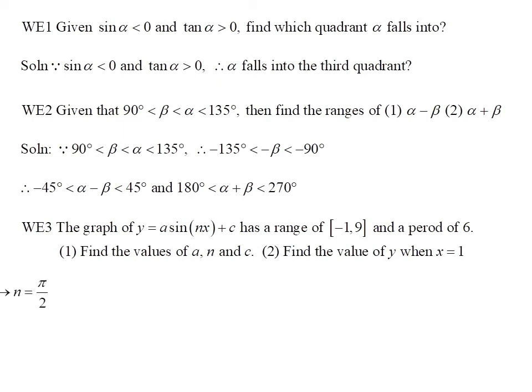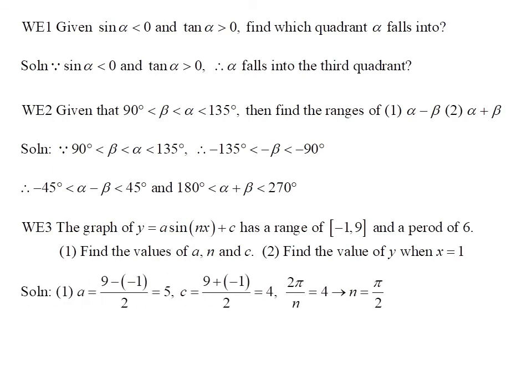As for the first question, since the range of the function is between negative 1 and 9, the amplitude a equals 9 minus negative 1 all over 2, which equals 5. The vertical translation c equals 9 plus negative 1 all over 2, which equals 4. Since the period is 6, 2 pi over n equals 6.